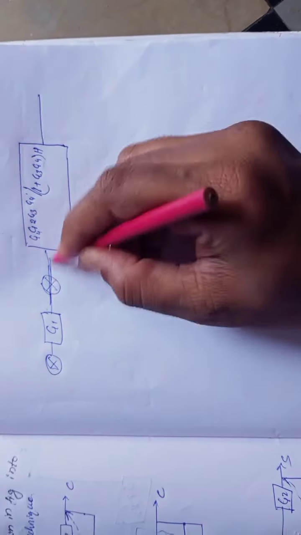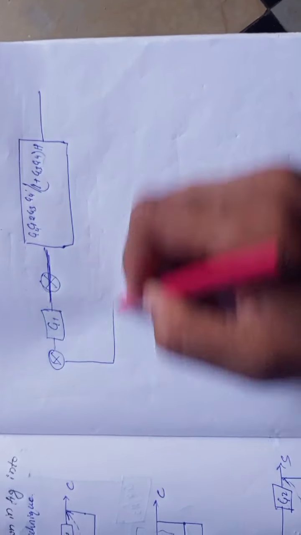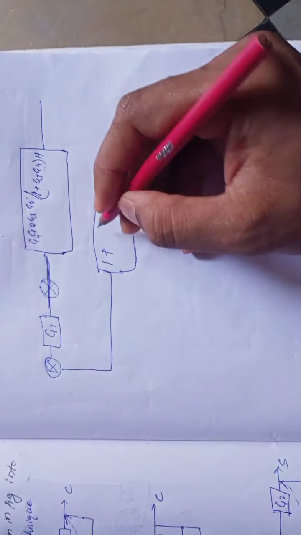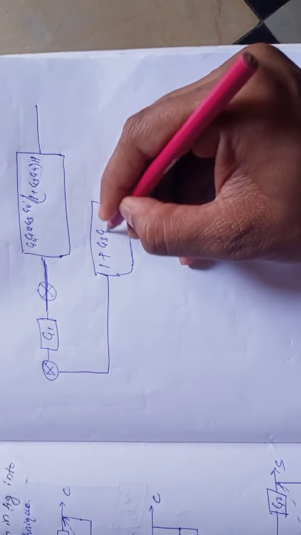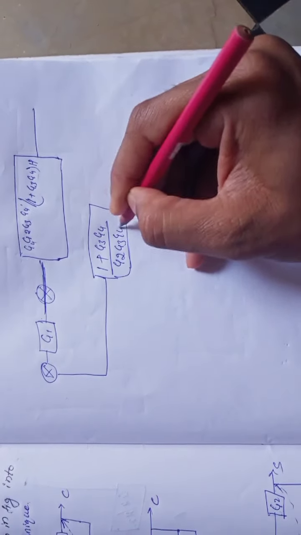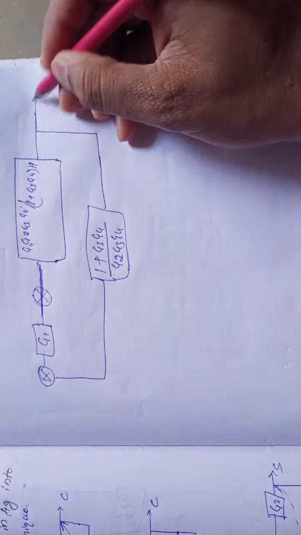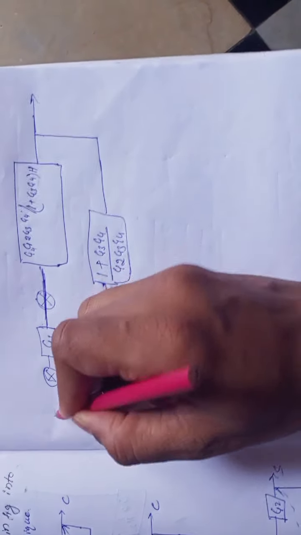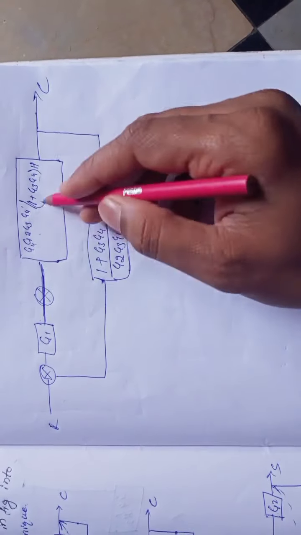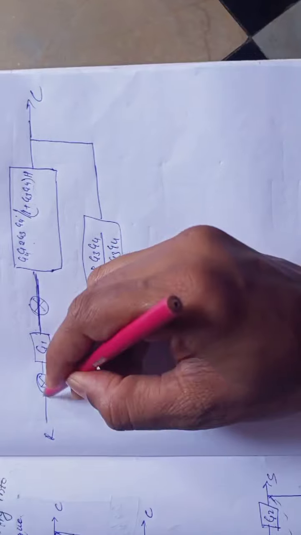This is reduced already, and now this unity feedback is nothing but 1 plus G3 G4 divided by G2 G3 G4, and it is written here. This is R, this is C. Now these two are in cascade, and this is negative feedback.